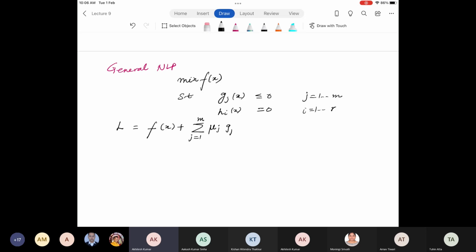You can define it as whatever you want. So when you are trying to find a solution, the equality constraint, the solution will lie on it.